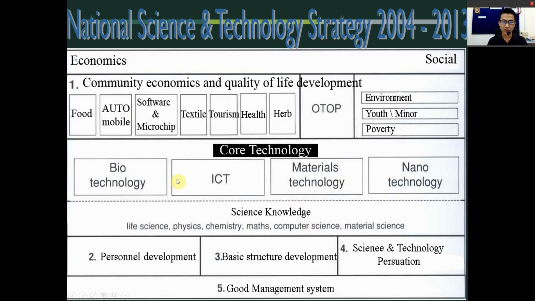So I'd like you to keep in mind that in the past we kept all four core technologies: biotechnology, ICT, materials technology, and nanotechnology. And today, these four are still in the plan, but we have some other steps that are trying to achieve the goal more efficiently.